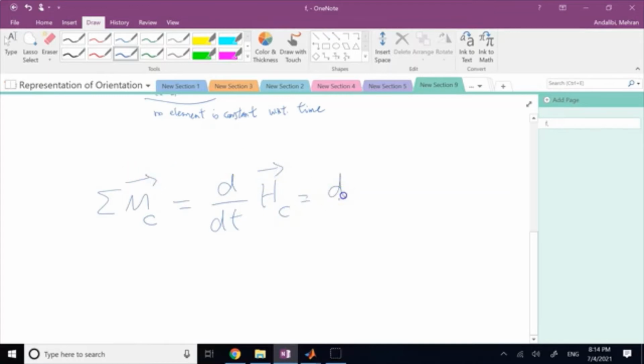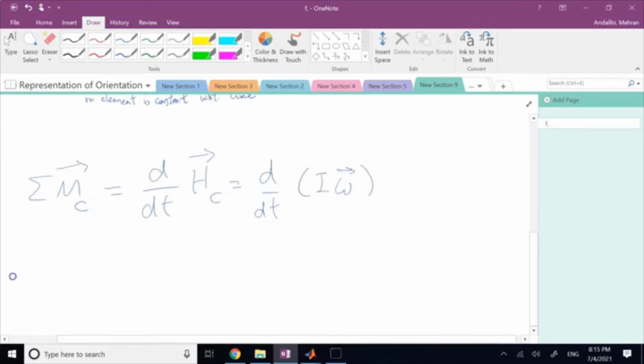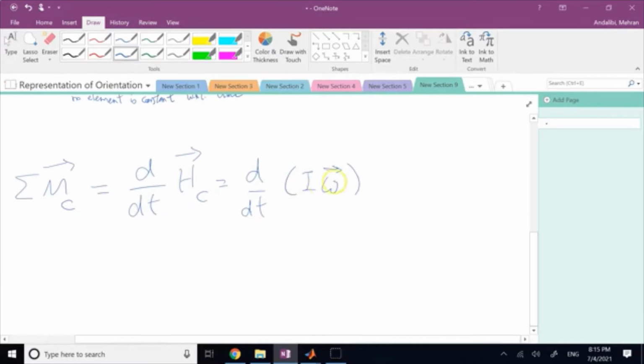And if you remember, the angular momentum is I times omega, the inertia matrix times angular velocity. When you take the time derivative, that's the hard part. Here is a product, and if I has variable components, it has to be dI over dt times omega plus I times d omega over dt.